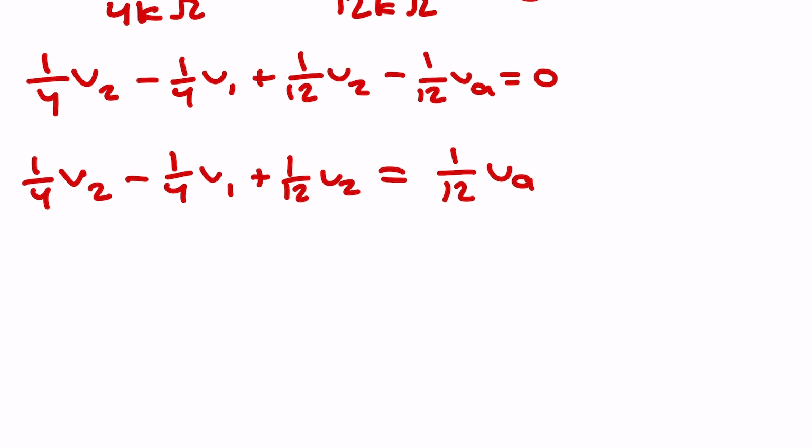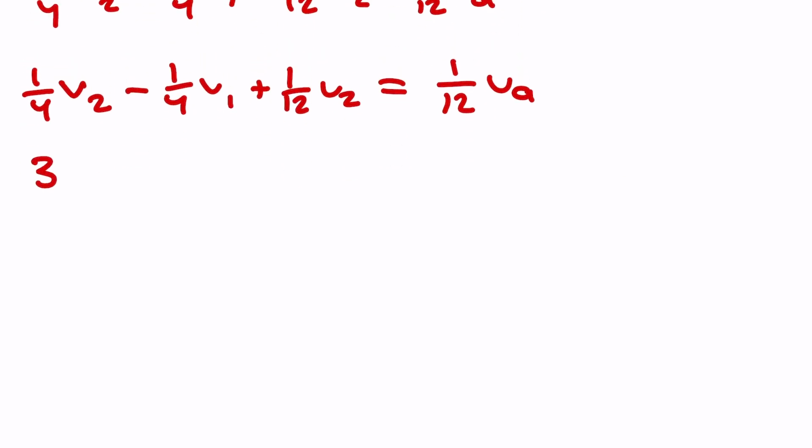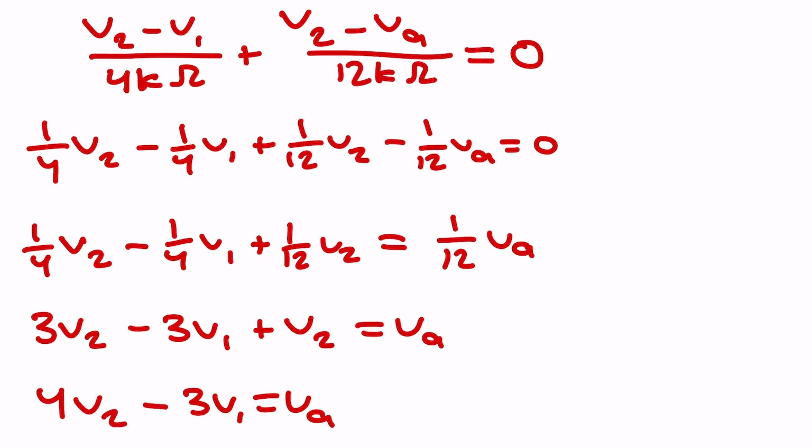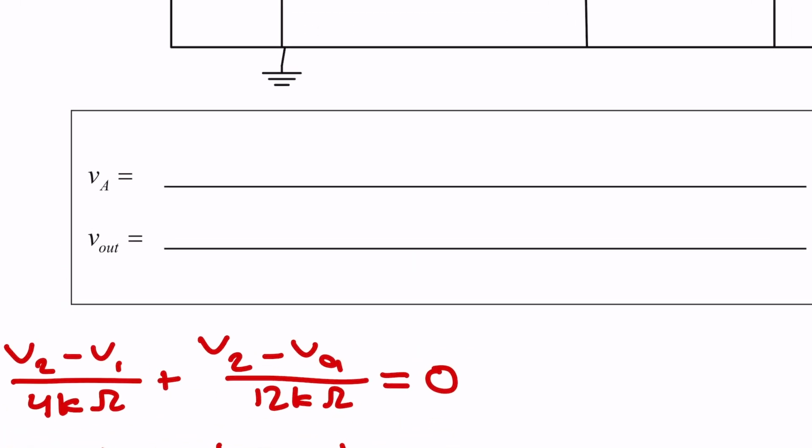All right, now we have 12 in this denominator, so let's multiply everything by 12. What that gives us is 3V2 minus 3V1 plus V2 is equal to VA, and then simplifying this gets us 4V2 minus 3V1 is equal to VA. All right, pretty straightforward.